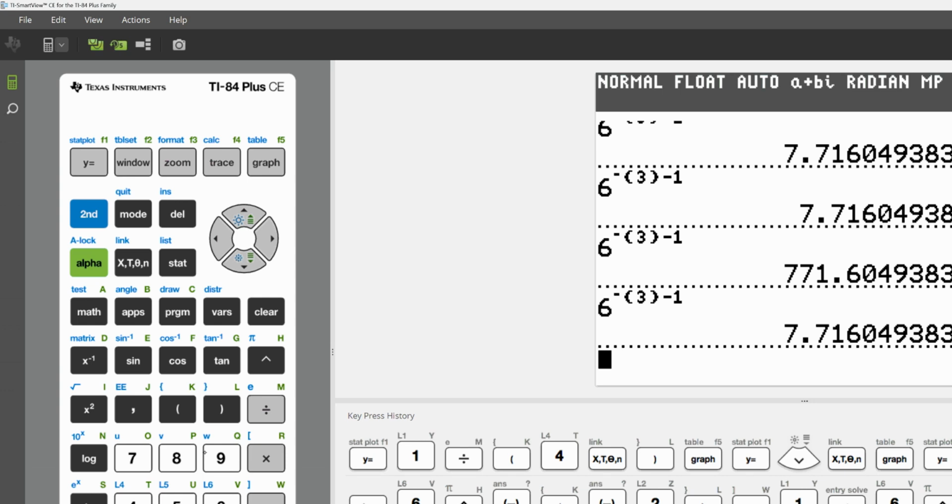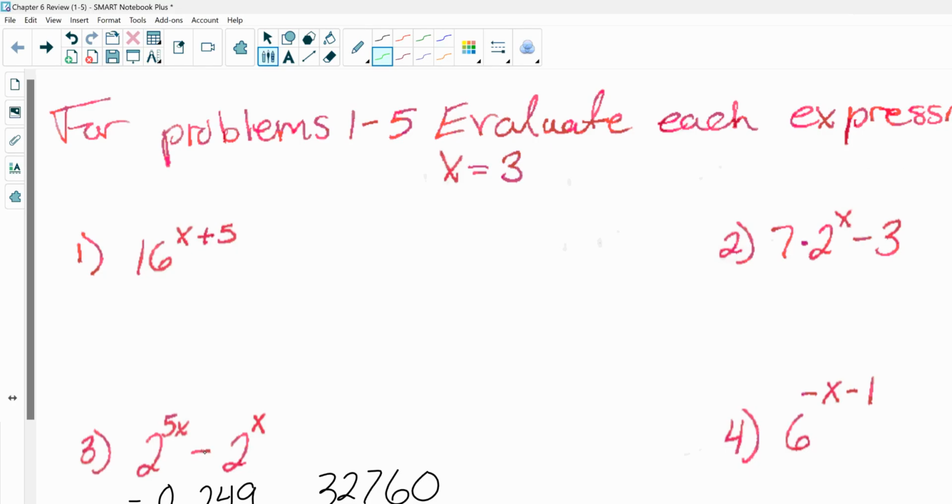I haven't tried all of them in the graphing calculator for the test, but the 30XS will give us all decimals. It's not going to give us any scientific. We're not going to have times 10 to a number. We have to rewrite it back out.